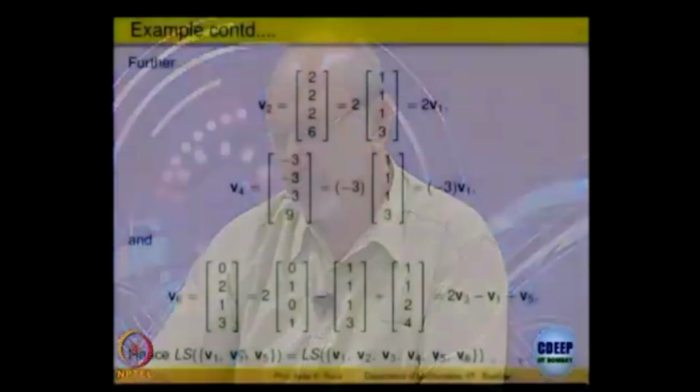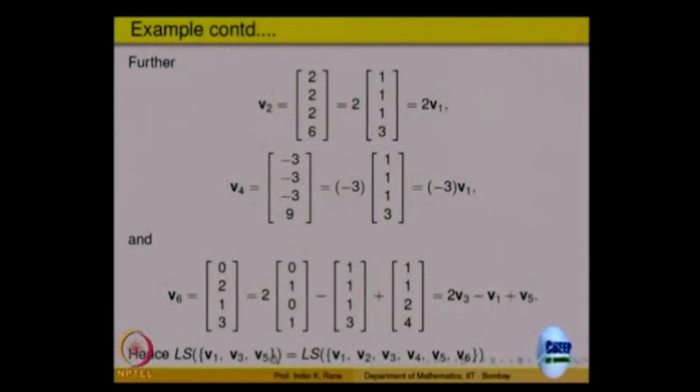The linear span of V1, V3, V5 is the same as the linear span of all the 6 vectors. And each one of them we wrote as a column. So V1, V3, V5 give me a basis for the column space of the matrix A, because we wrote everything as columns. And in the row echelon form, whichever were pivotal columns, the corresponding ones should give me the basis, and we have verified that.